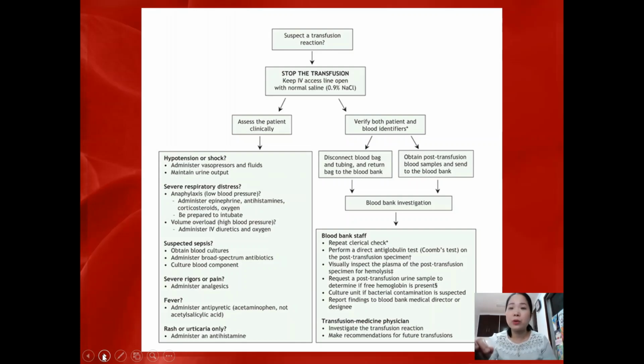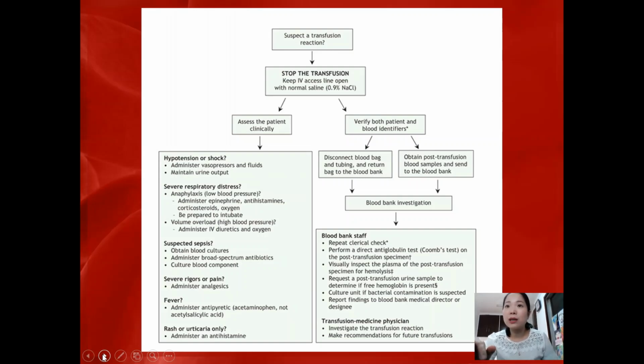Again, fever was already mentioned. And is this only rash or urticaria only? So when you have stabilized or at least assessed your patient first, then you have to verify, is the blood correct? Usually if there is an incorrect blood that was transfused to your patient, he might suffer from acute hemolytic transfusion reaction, which may present as fever and dyspnea, and later on, your patient can have renal failure.